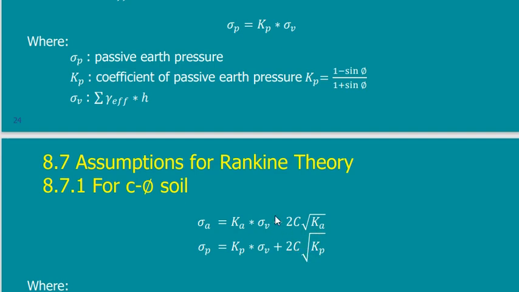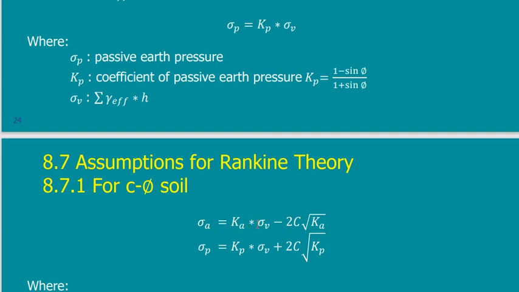So you see here that in the equation I have a minus sign. Because I have a minus sign in the active direction, it means that the effect of C is reducing the horizontal force, not increasing the horizontal force. The effect of phi is always pushing the wall. So the effect of phi can apply, but if I have part of C soil, it will reduce the active force.